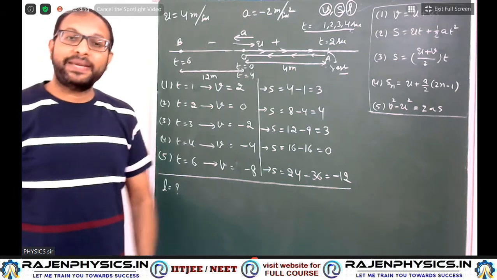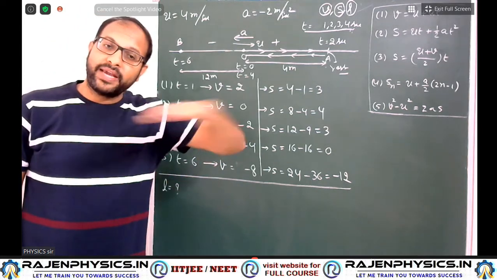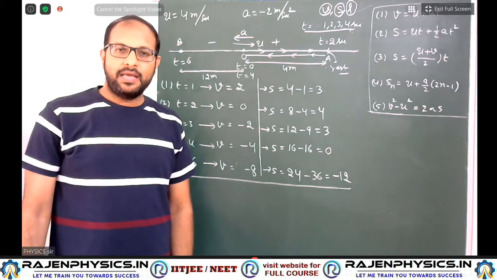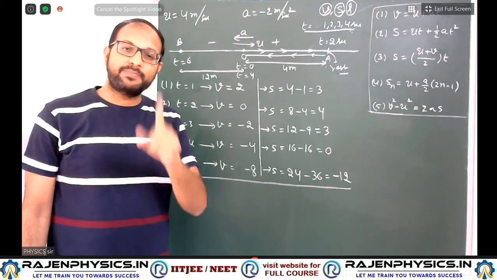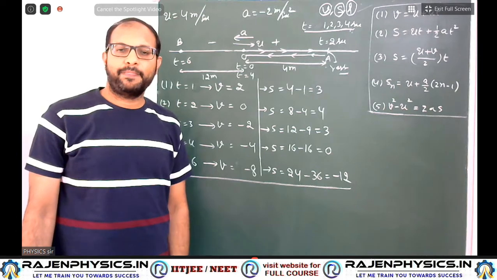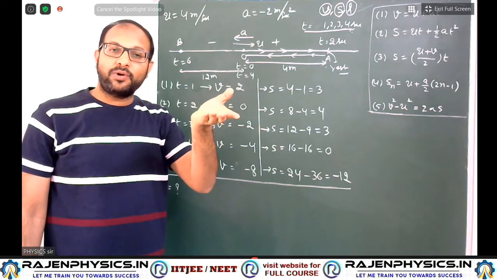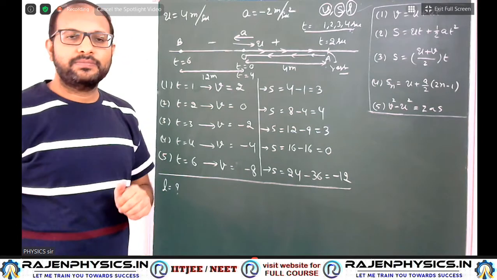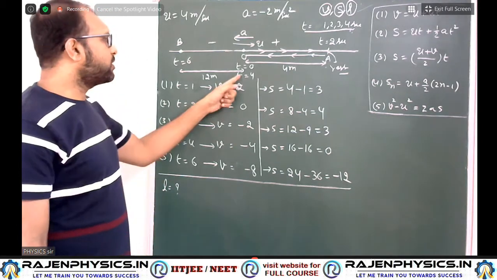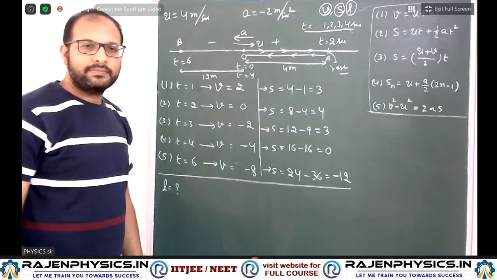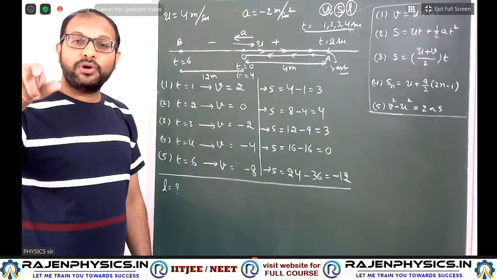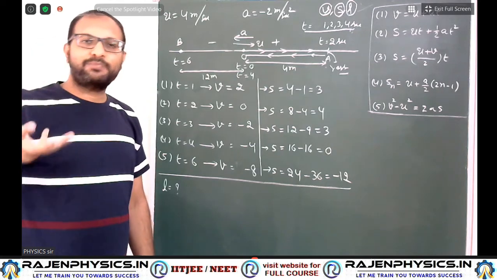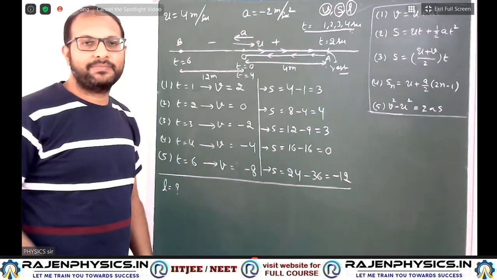Why are both the same? Because the body is still moving in the same direction only, not taking any return journey. Not taking a return journey means displacement and distance are both the same. Taking a return journey, displacement is different, distance is different. Suppose t equal to 0 to t equal to 4 seconds, what is the displacement, what is the distance?